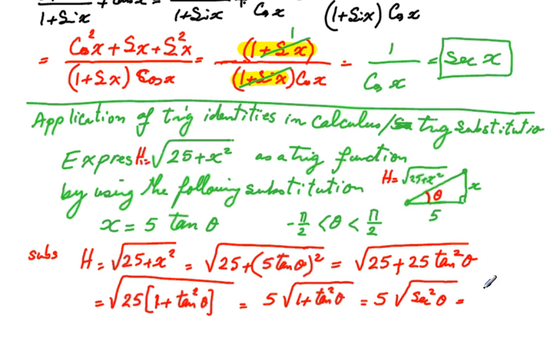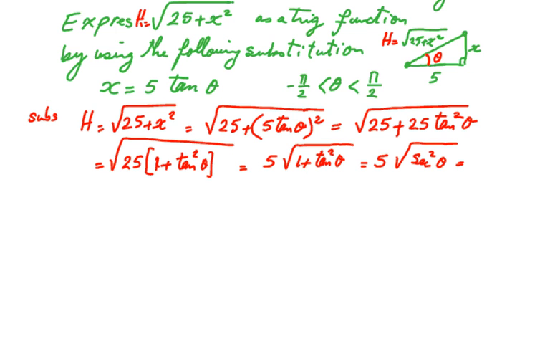Now square root of secant squared, what is that? Secant of theta. We need a little bit of fine print next to this to make it actually a legitimate operation, but I'll talk about that maybe shortly later.